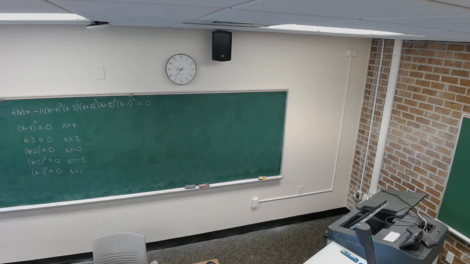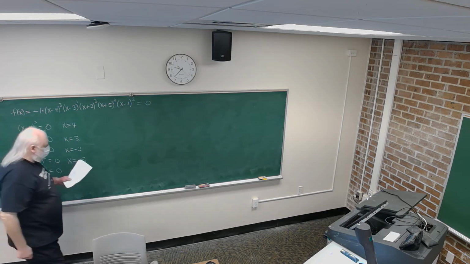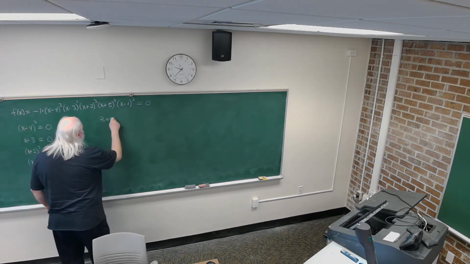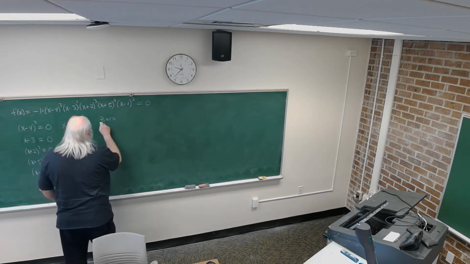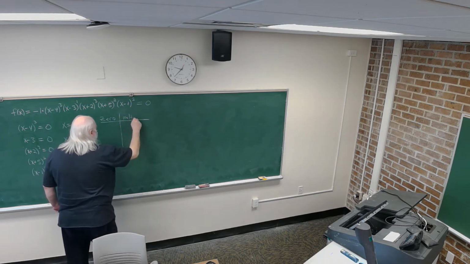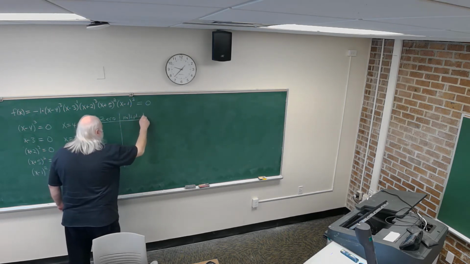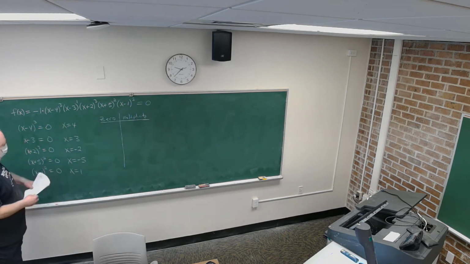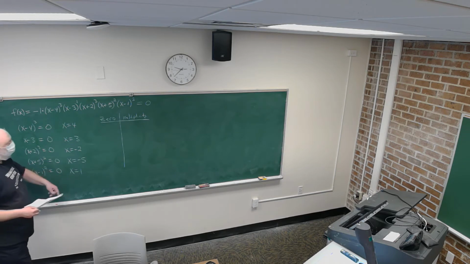Now I'm going to list each zero and its multiplicity. I created a little table up above the polynomial function, and I listed each zero and its multiplicity. I just went in the order listed here.